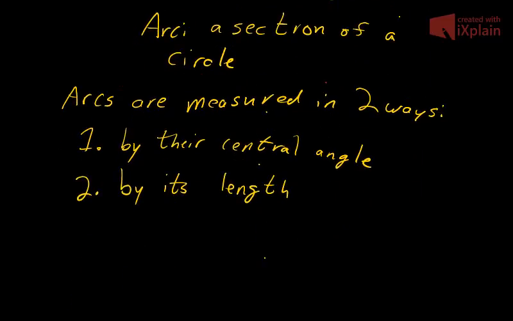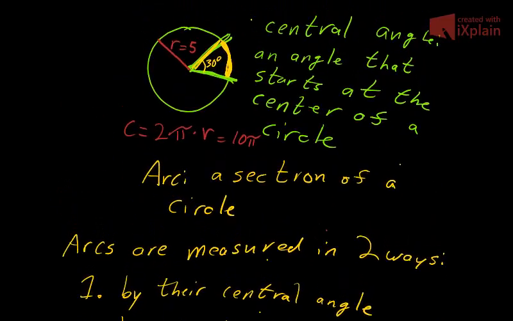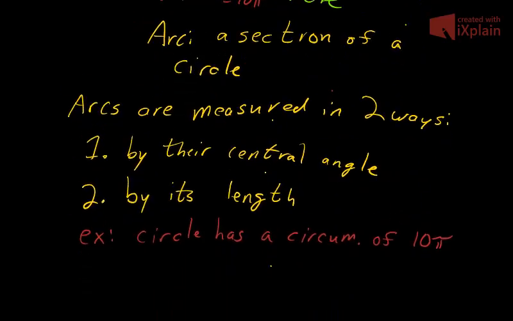So if I have a circle, this is still the same example. Circle has a circumference of 10 pi, and we're going to ask ourselves, well, what portion of that circumference is the length of my arc? Well, to figure that out, I know that the entire circle, if I went all the way around here, would have a total of 360 degrees.